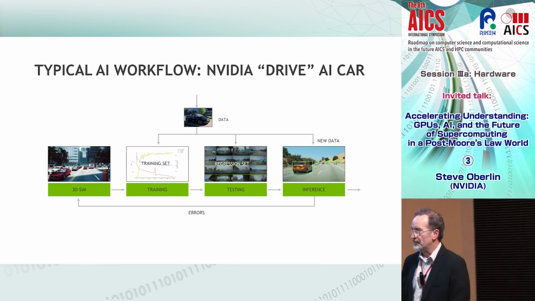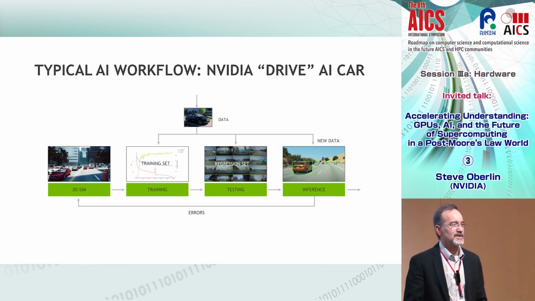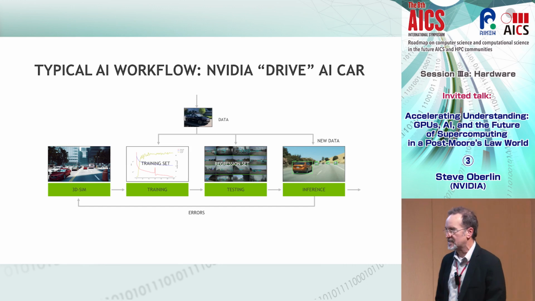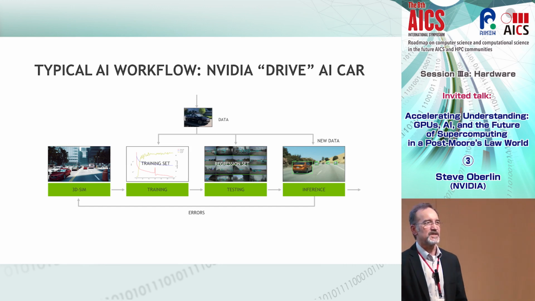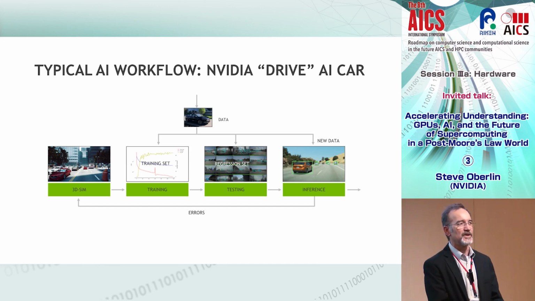So the training starts with this data that comes in, this big training set, which is collected from video in this case. But we also use 3D simulators because, again, we need to have correctly labeled data.